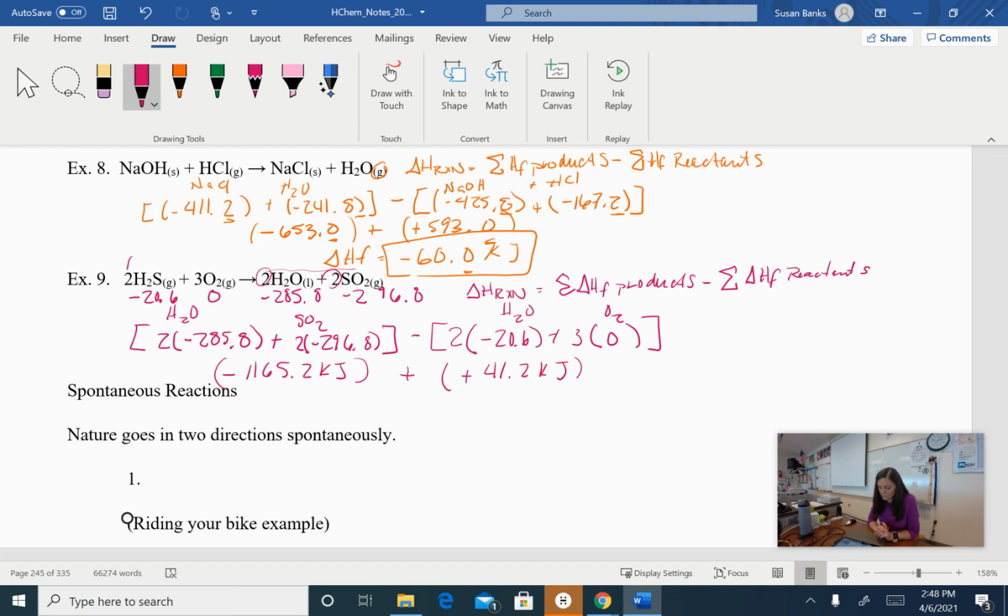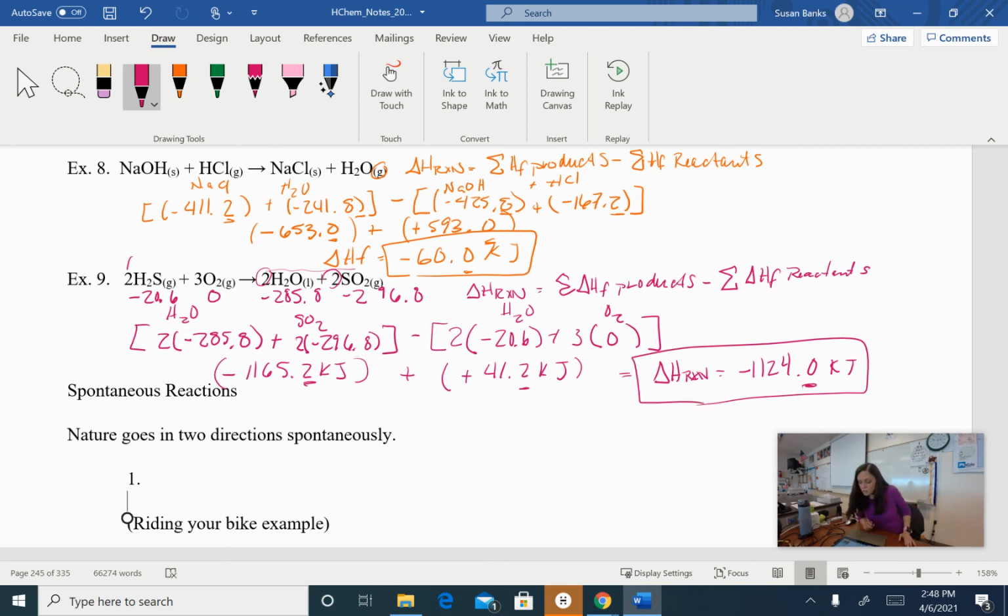So when I do that, I get the heat of reaction to be negative 1124.0 kilojoules. And yes, that 0 is significant because both of these go to the tenths. So I need an answer to go to the tenths. Okay? So that is how you use the heat of formation table to use the summation equation for Hess's law.